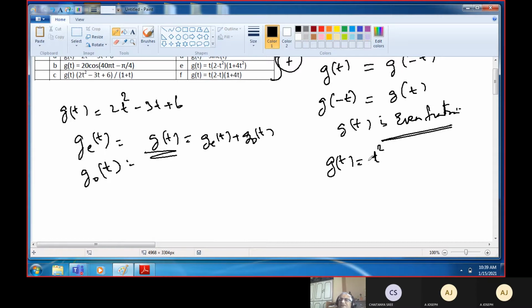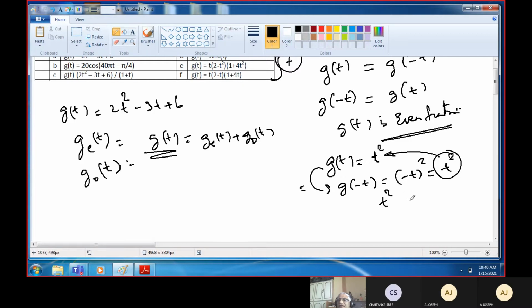Now if I make t as minus t, what do I get? I get minus t square. What is minus t square? We all know it is t square. So this and this are the same. So g of minus t is the same as g of t. So we say that t square is an even function.